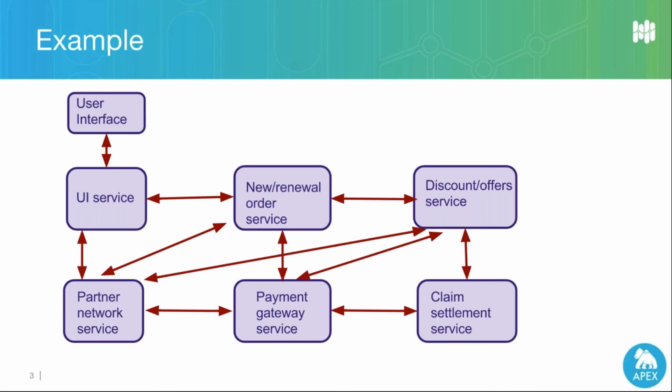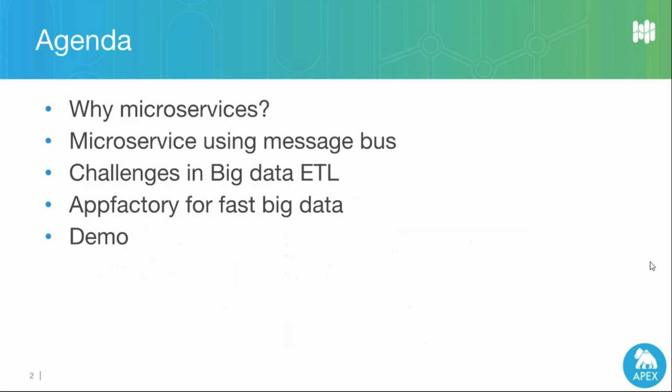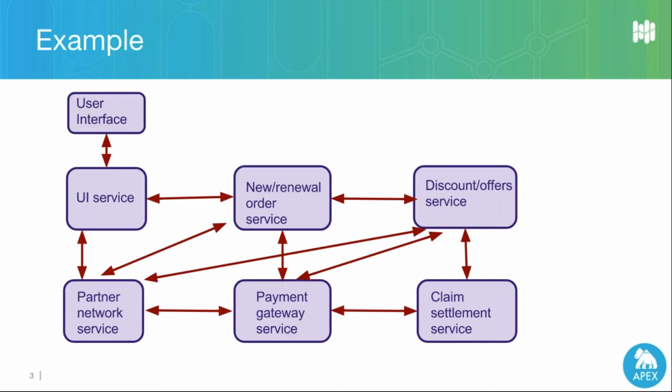Then I will introduce the AppFactory developed by DataTorrent, which will help you build your own pipelines in a speedy manner. Finally, I will show you a demonstration of a simple application which shows how you can use this microservices architecture to deploy your applications.